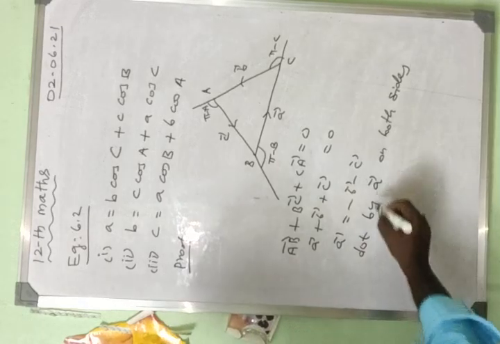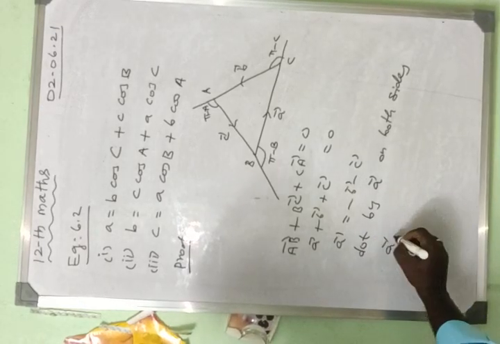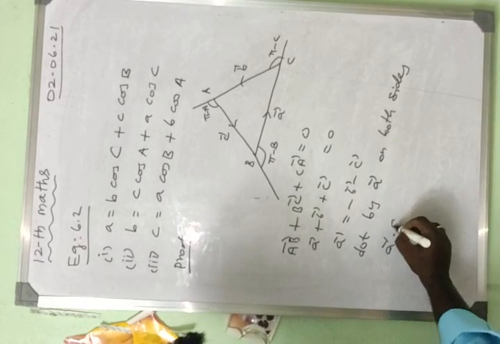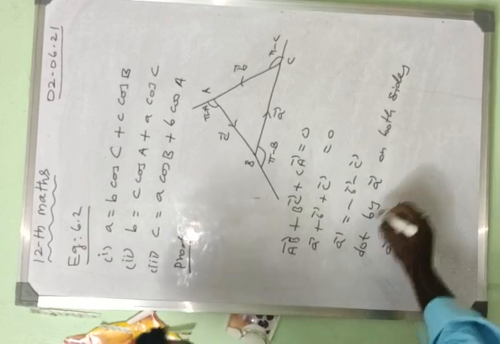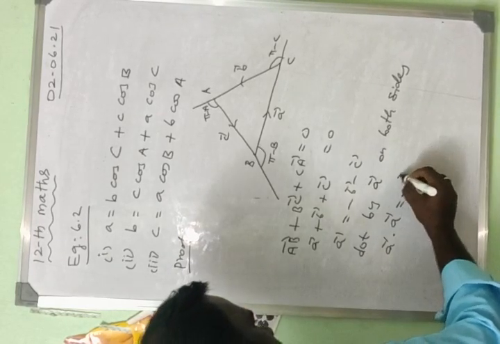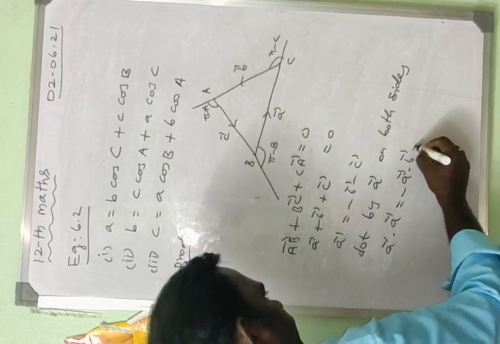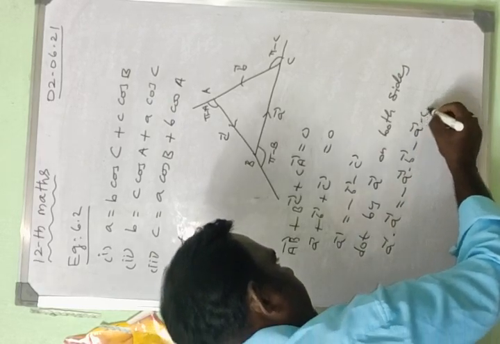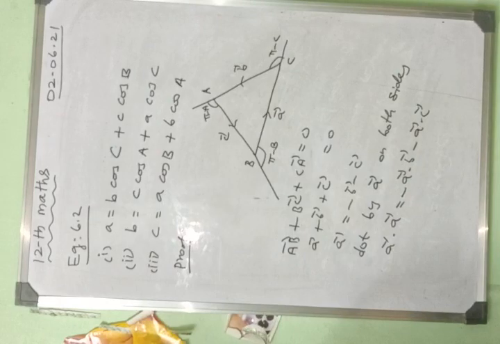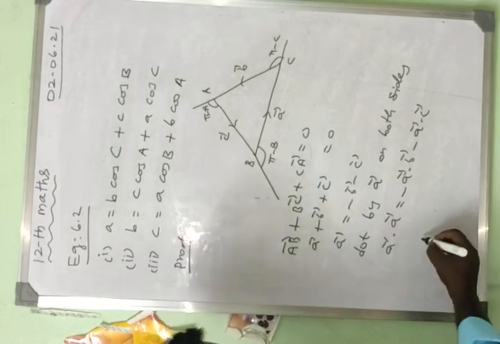So vector a dot vector a, like this, is equal to minus vector a dot vector b minus vector a dot vector c, like this. Next, vector a dot vector a we get a square.